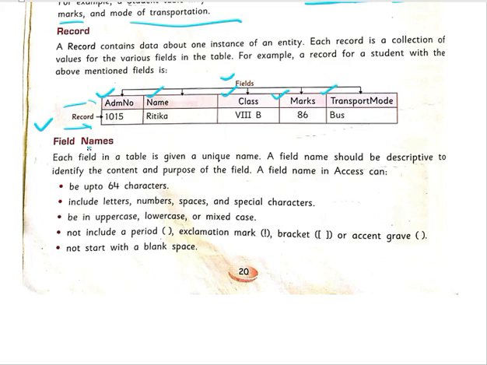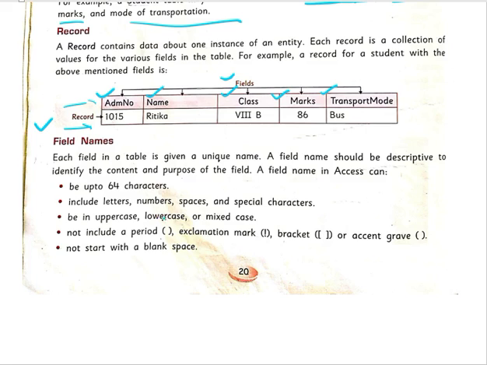Next we have field names. Each field in a table is given a unique name. A field name should be descriptive to identify the content and purpose of the field. A field name in Access can be up to 64 characters. It can include letters, numbers, spaces, or special characters.